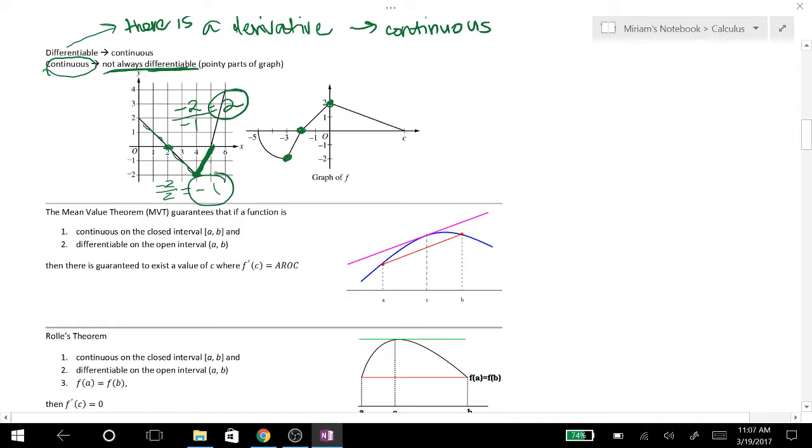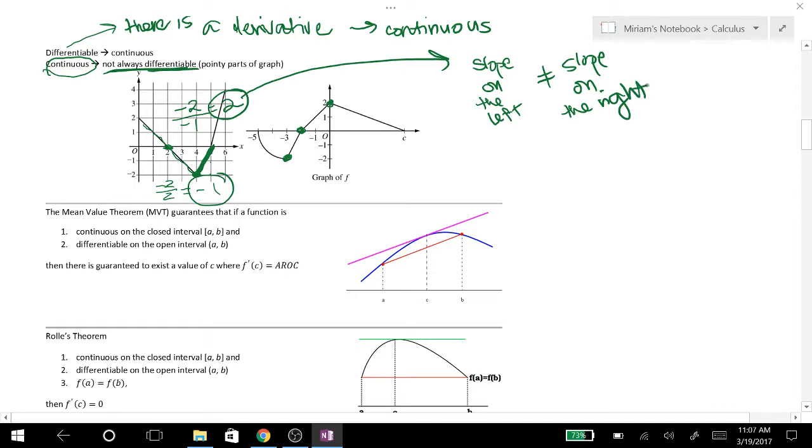They're not. So that means the slope on the left doesn't equal the slope on the right. So that's one way to think about why pointy parts of a graph are not always differentiable. It's not differentiable if it's pointy.